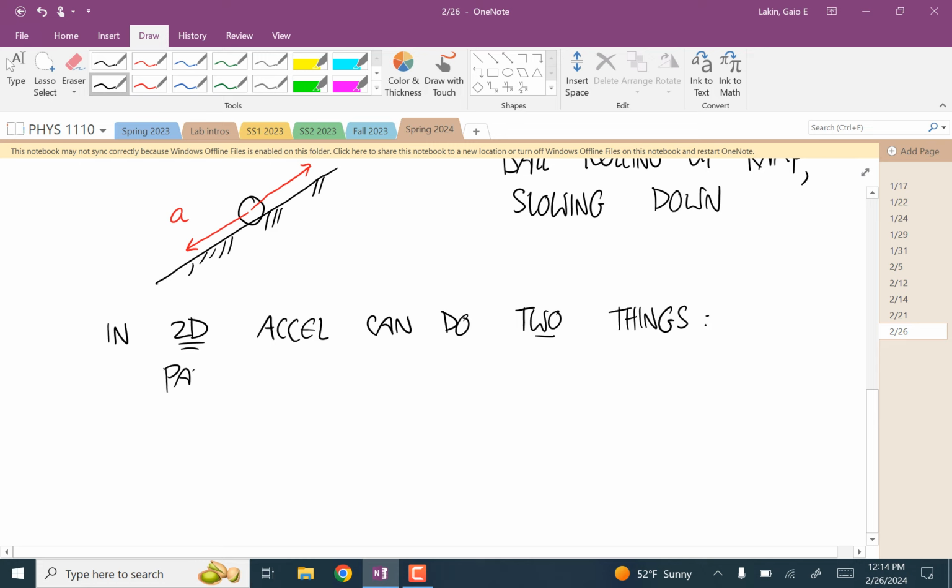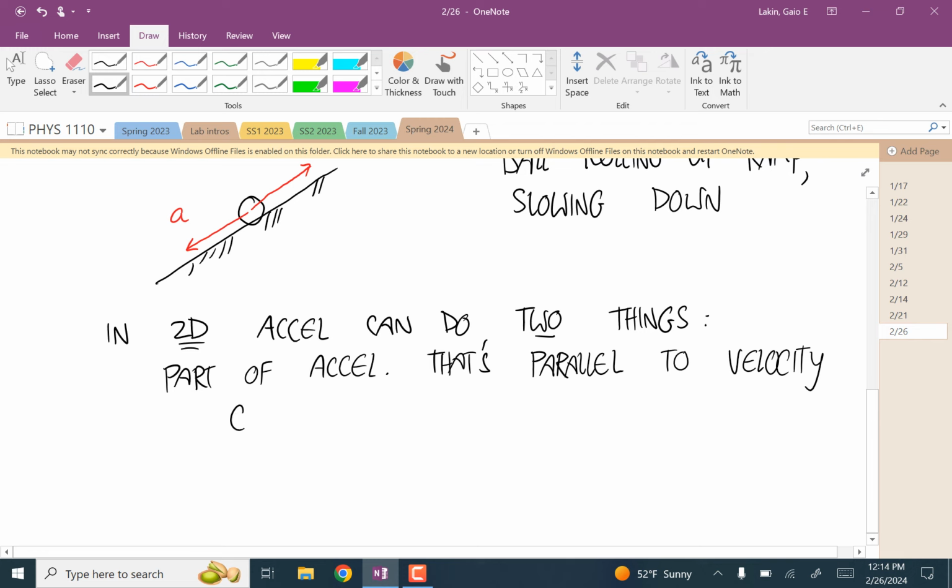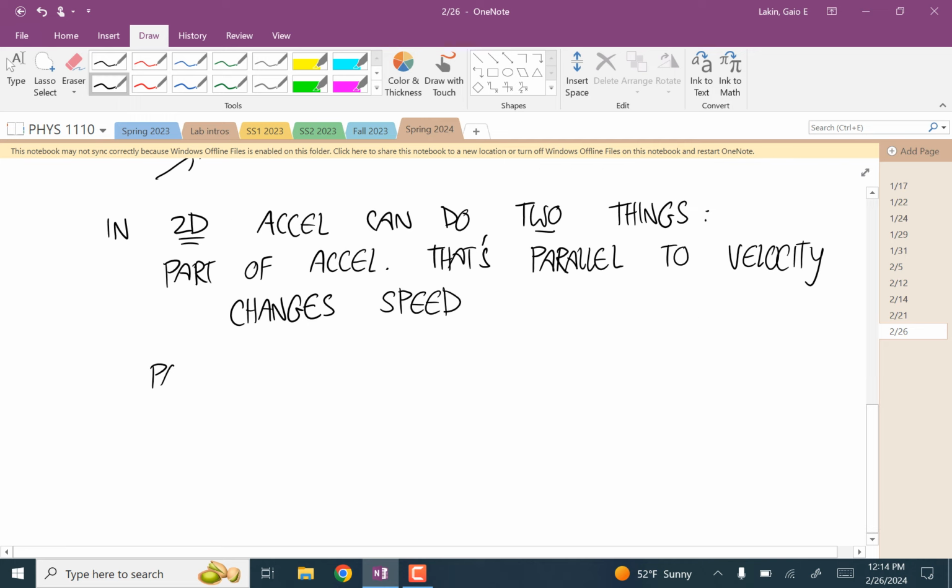The part of the acceleration that's parallel to the velocity determines whether the thing is changing speed. And the part of the acceleration that's perpendicular to the velocity determines turning.